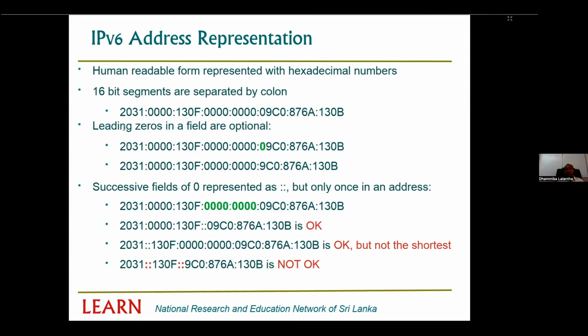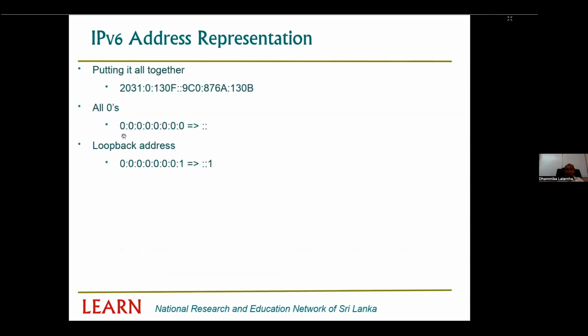Because an IPv6 address is very large, and we can't remember it. So we need to make it as short as possible. There are some rules for address compression, making it short or shrinking it, and we'll see what those rules are.